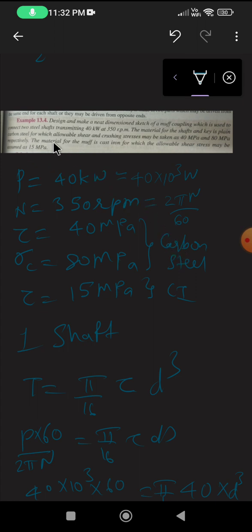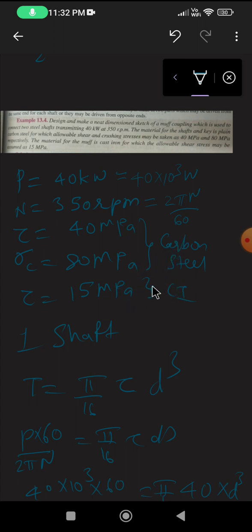This is the carbon steel for which the allowable shear stress is 40 megapascal and the crushing stress is 80 megapascal. The material for the muff is cast iron, for which the allowable shear stress is 15 megapascal. So for the sleeve, the muff, it is given cast iron, and for the key and the shaft it is carbon steel.